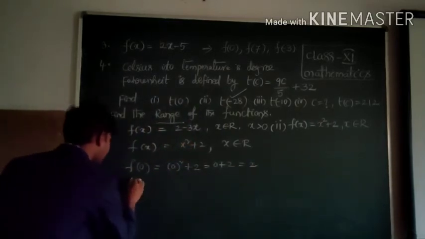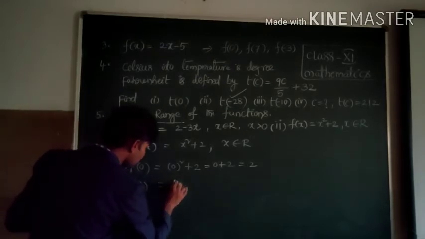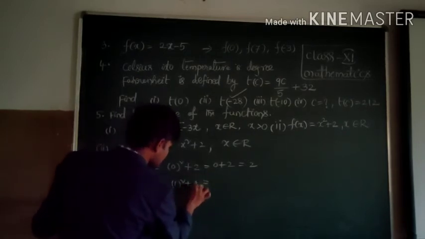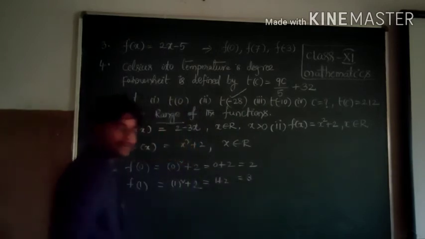If I take f of 1, that is 1 whole square plus 2, so 1 plus 2 equals 3, right?